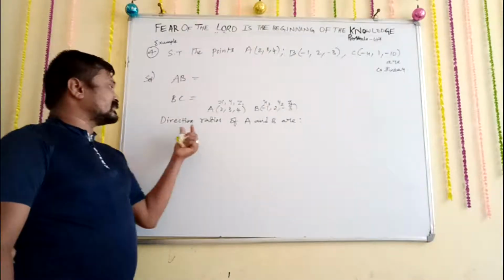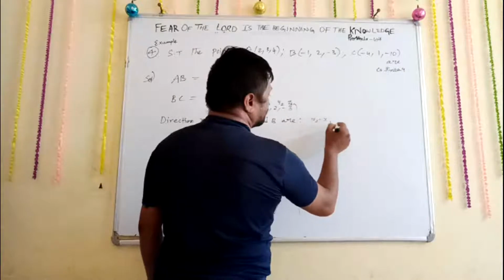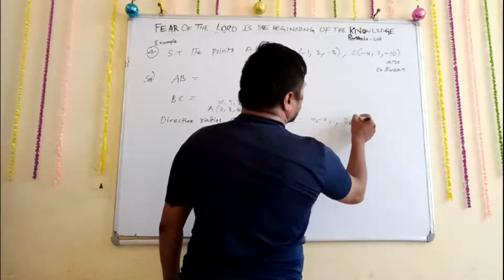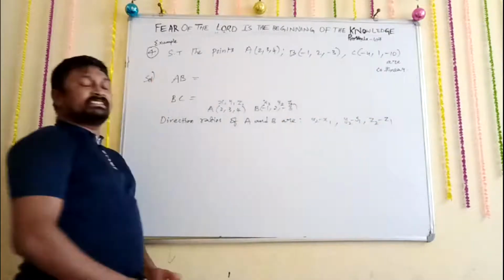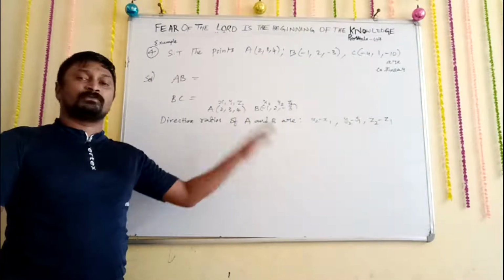We discussed the formula x2 minus x1, y2 minus y1, z2 minus z1. This is called the direction ratios formula.